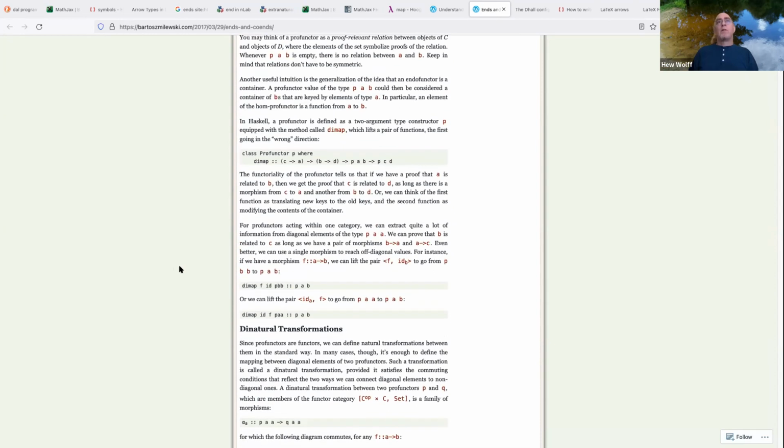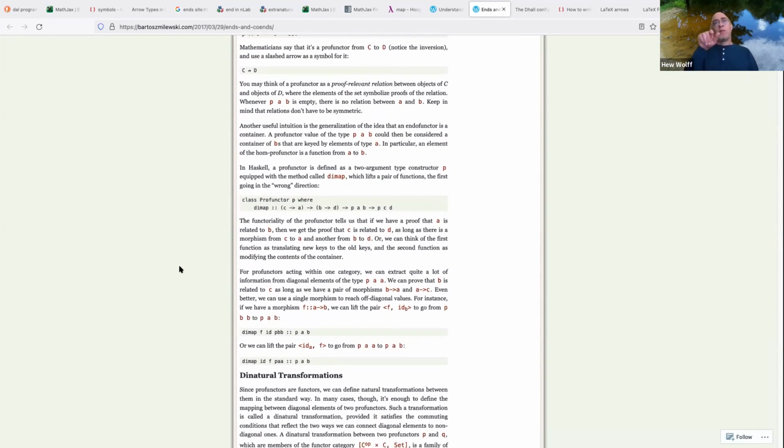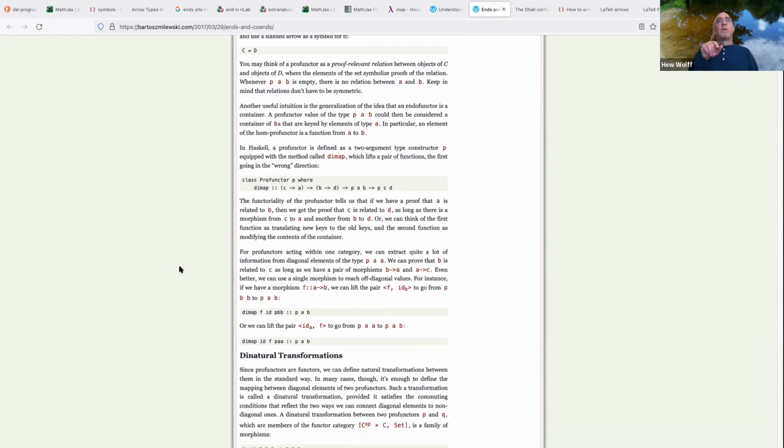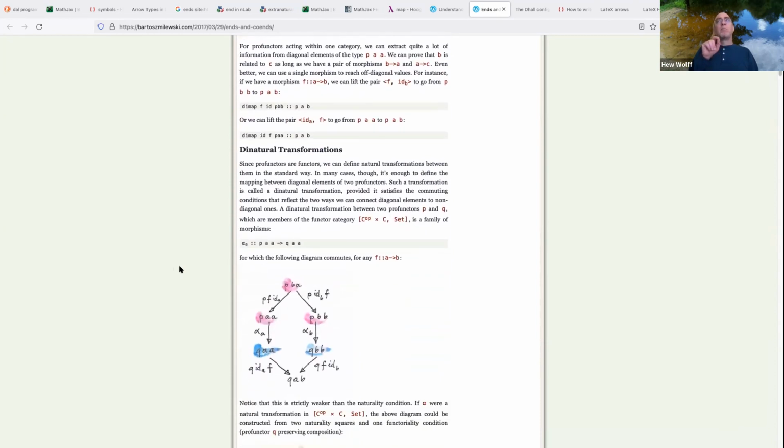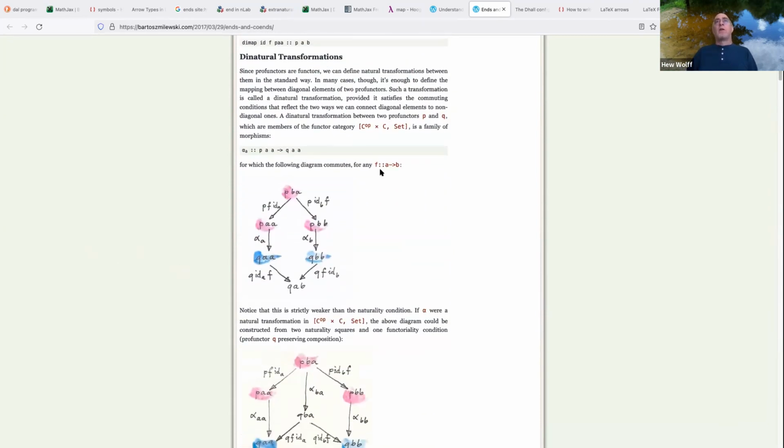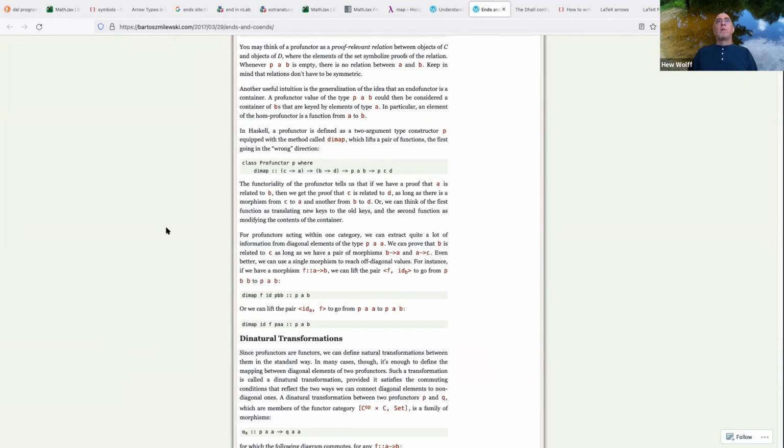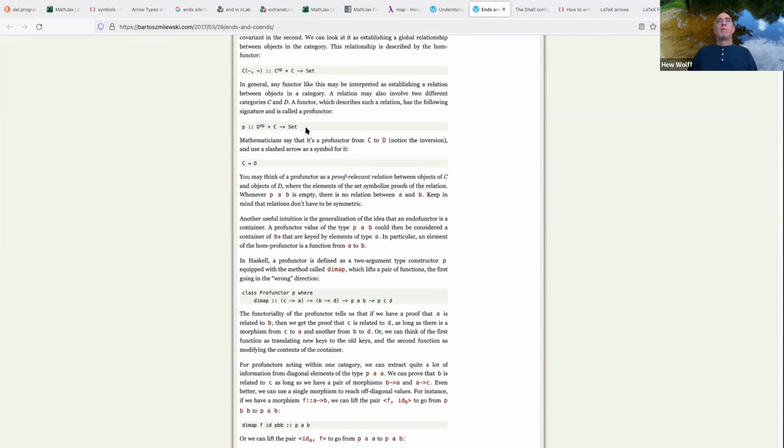But I noticed there's a transition here, which I didn't notice immediately. A profunctor in general has two different categories in the domain, right? But here, suddenly they're the same one. In general it could be different.